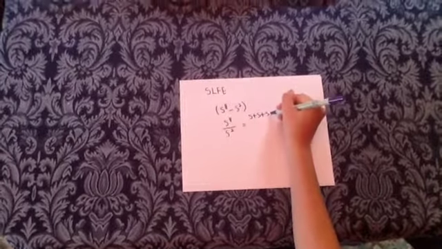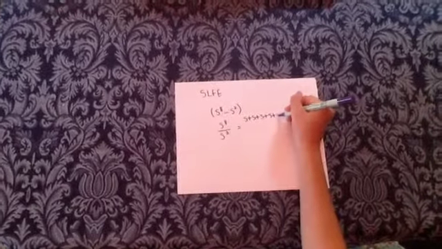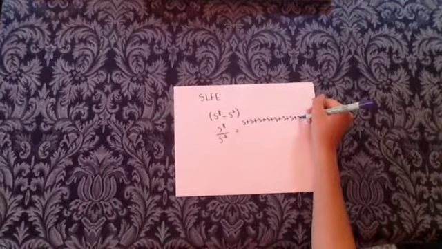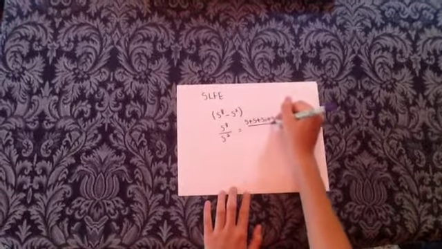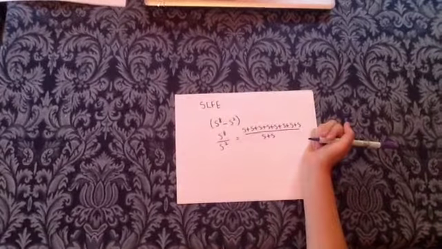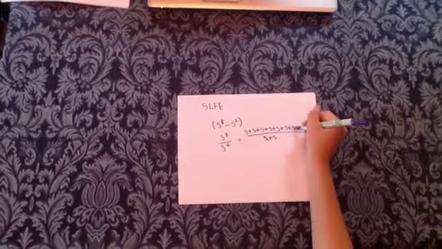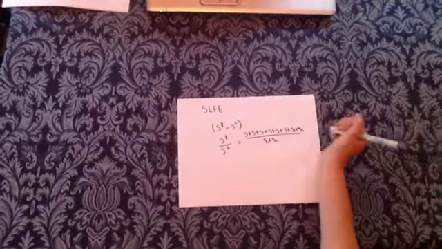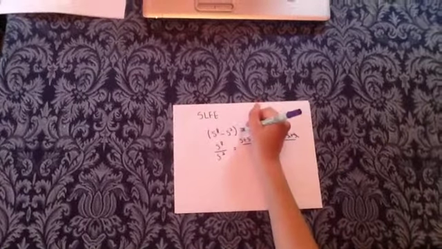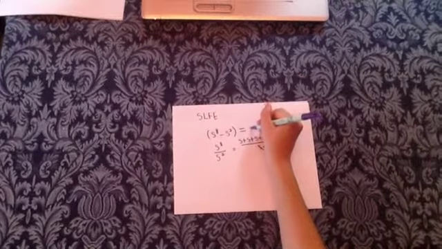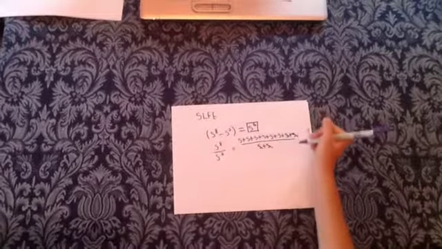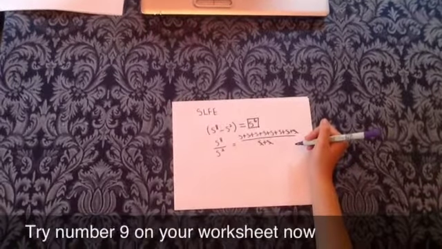So it would be 8 s's over 2 s's. And all you have to do is cancel out 2 s's on both top and bottom. Then you would find your answer, which would be s to the power of 6. I find so much fun in math, don't you?